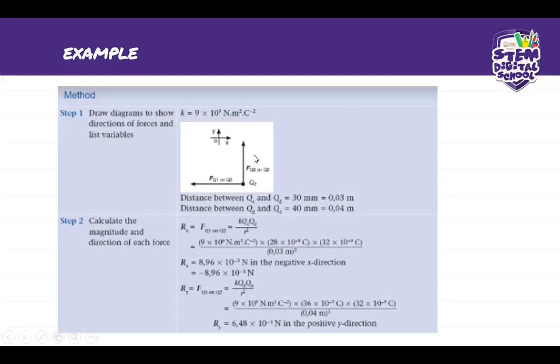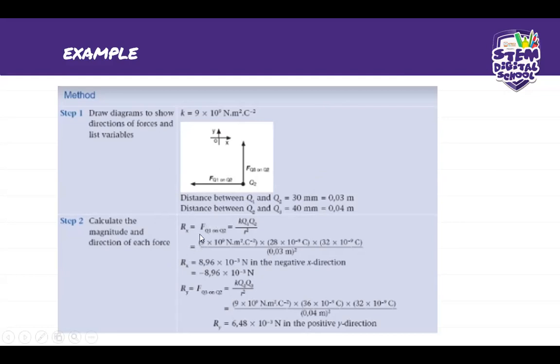So now this is relative to Q2. And Rx is on the direction. If it was this way, it would be positive, but it's this way, it's negative. And this one, the y-axis is on a positive direction. If it was facing downwards, it would be a negative direction. Okay. So now we calculate our Rx.